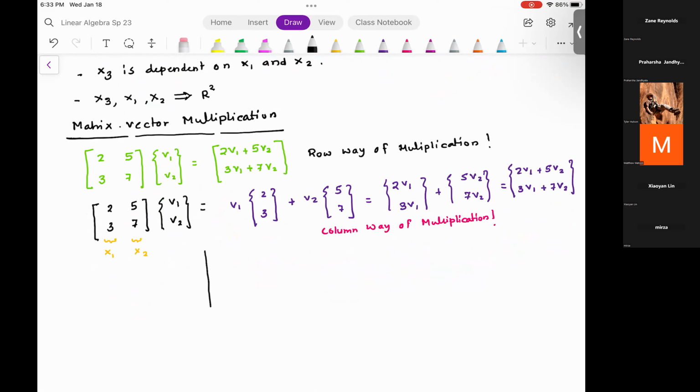So first, again, I have an R2 space. Basically this is my R1 and this is my R2. I'm going to represent my first vector 2, comma 3. So this is my 2, this is my 3.